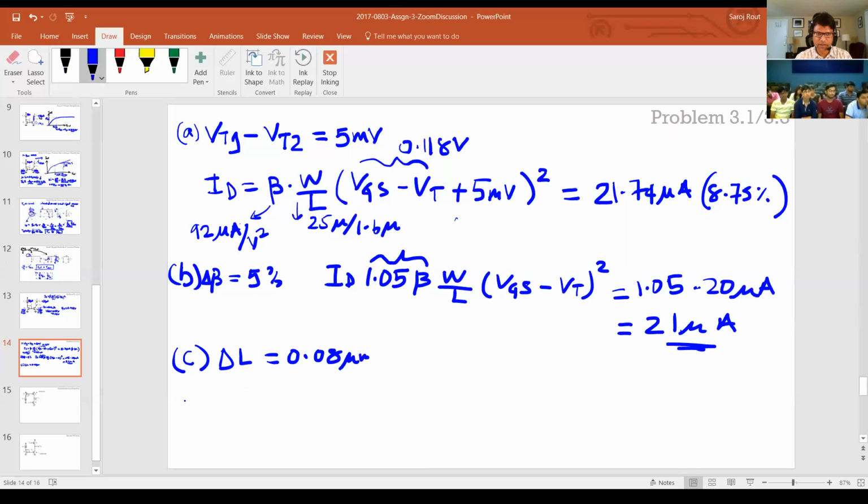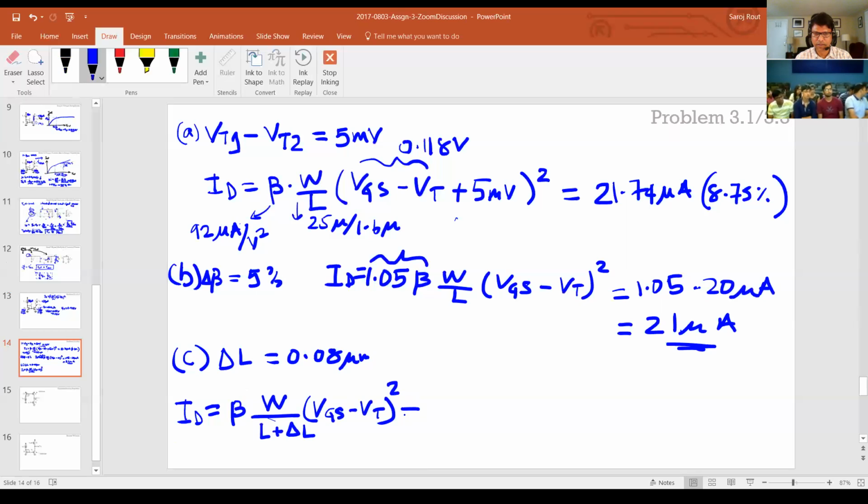Again, this equation, you can write this as ID equals to beta times, sorry, I forgot the equal to sign here, equal to beta times W over L, but I'll write this as L plus delta L times VGS minus VT squared.